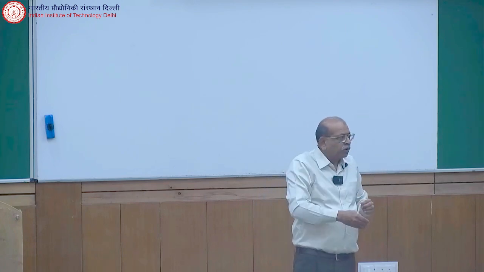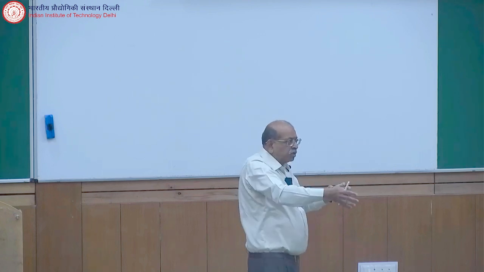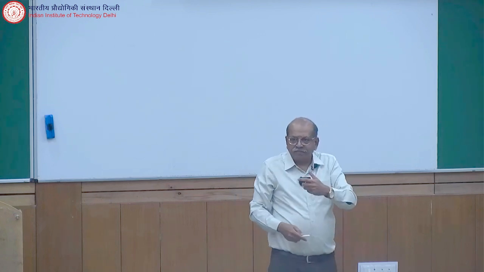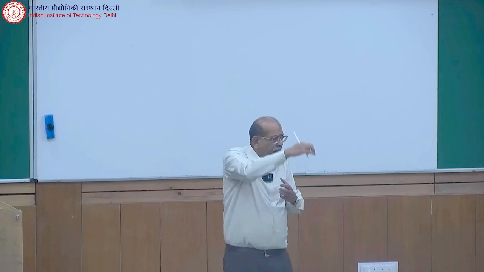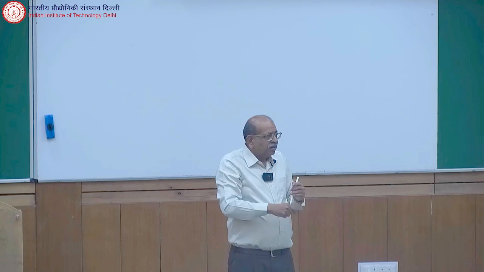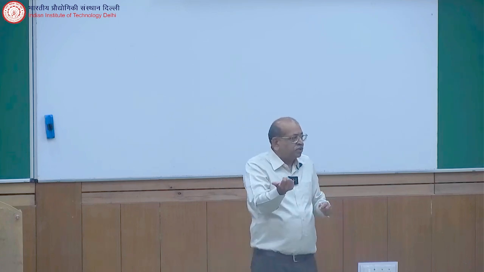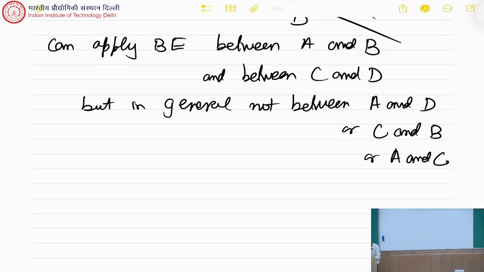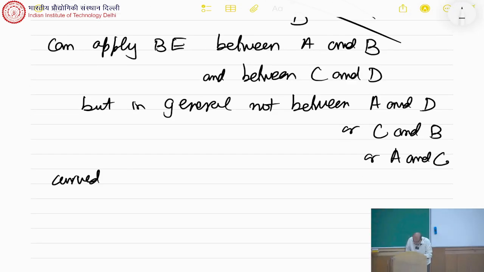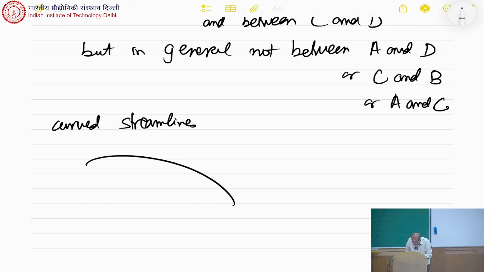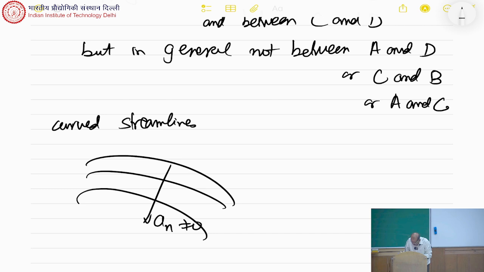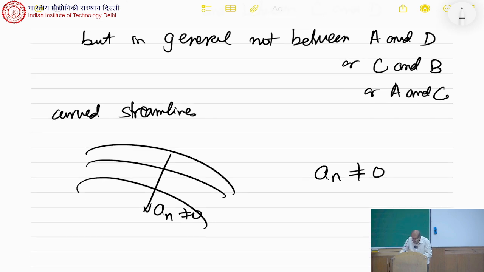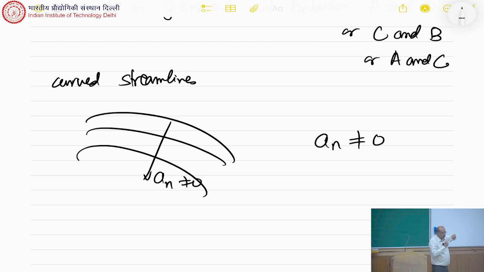And see, sometimes what we know is, if the flow is curved, then partial P by partial N direction, they will be equal to rho times A. So if we have curved streamlines, if we have things like this, then we know the normal acceleration is not 0.